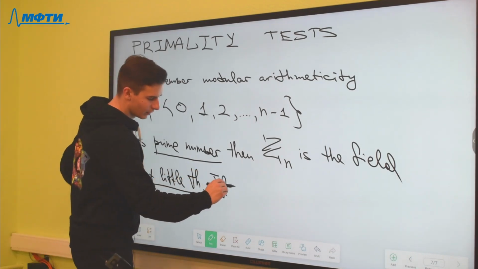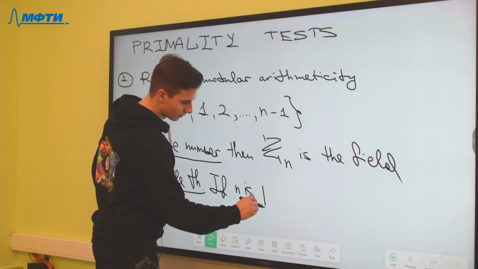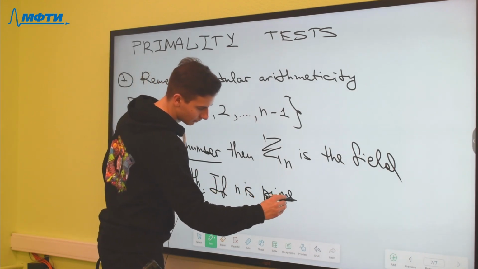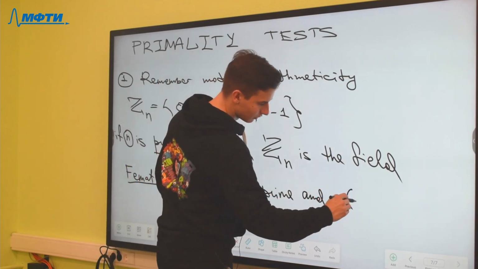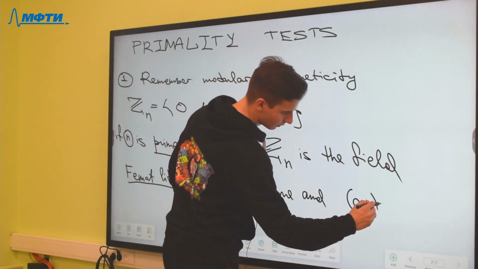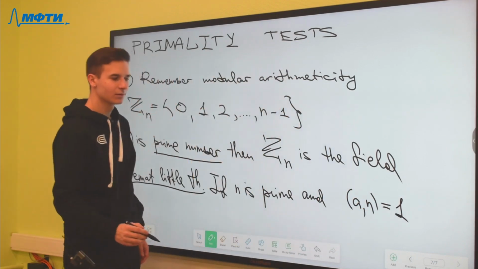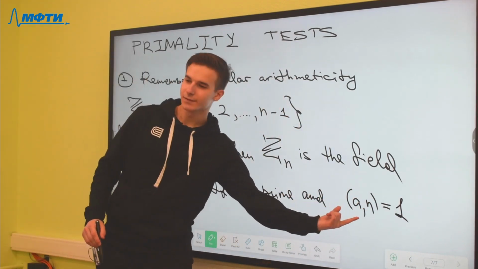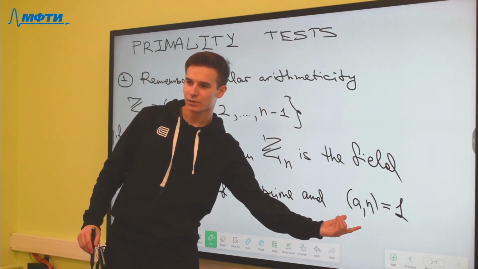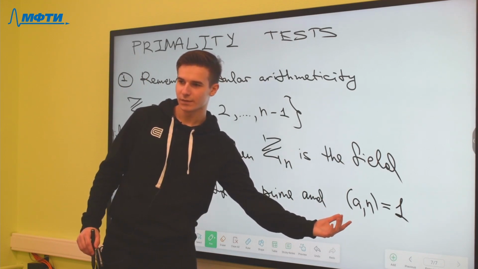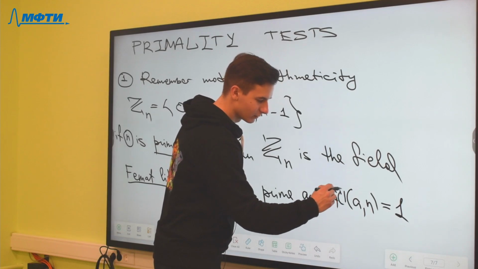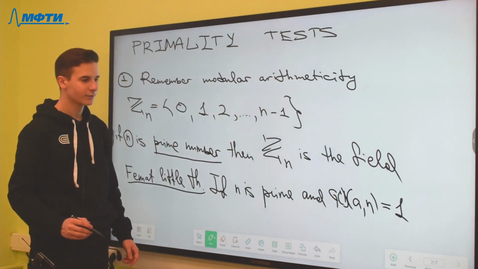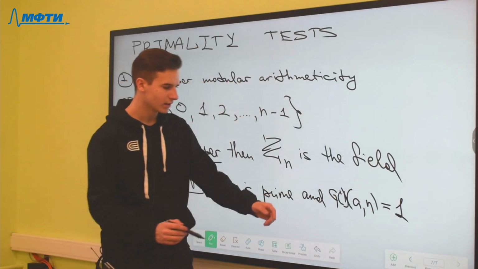If n is prime and a is such that gcd(a, n) equals 1, do you remember what this parenthesis means? It is the greatest common divisor of the two numbers a and n.